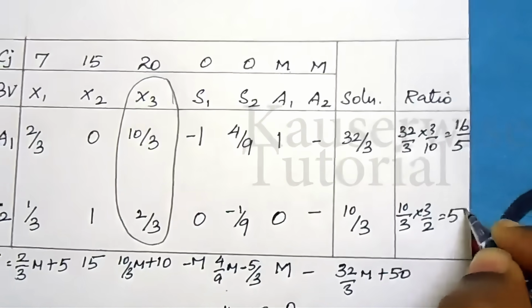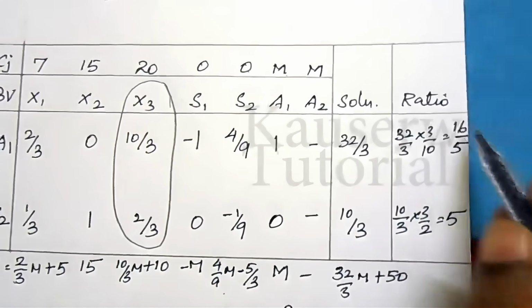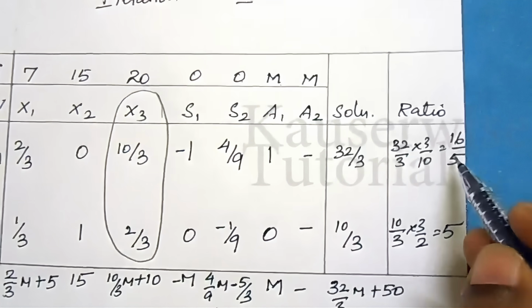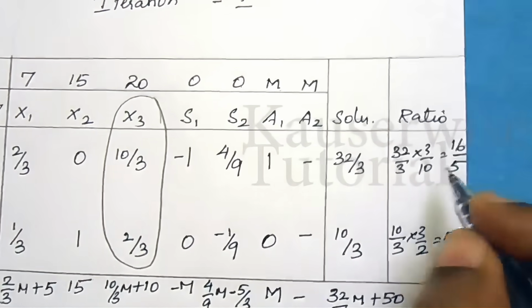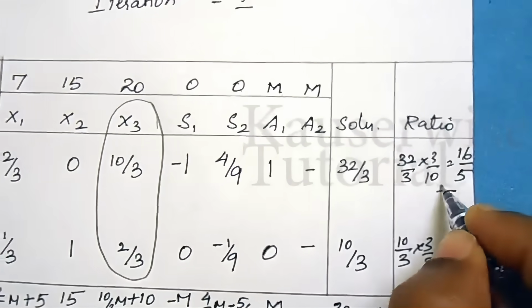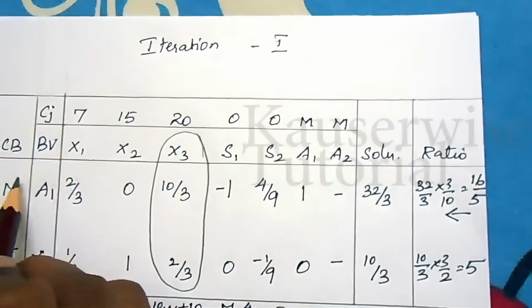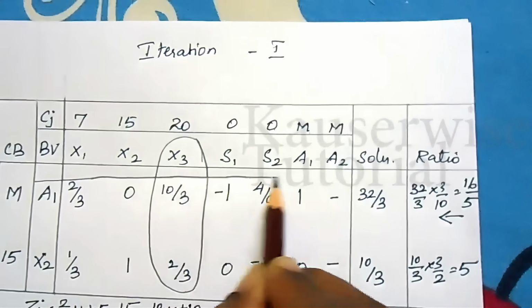The answer is 5. In order to find the key row, we need to select the least positive value. 16 by 5 is the least positive when compared to 5. So this row is the key row.